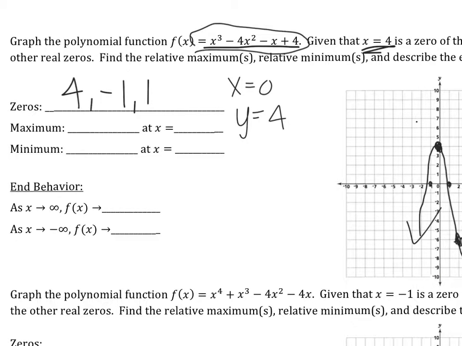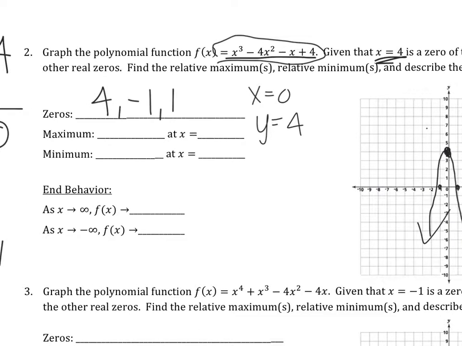The minimum is actually at 2.7, and the minimum is actually 8.2, or negative 8.2 as it were. Then the maximum is going to be at negative 0.12, and that maximum is going to be 4.06.